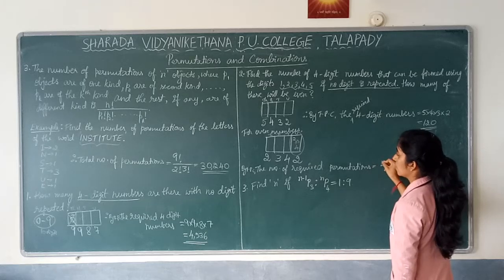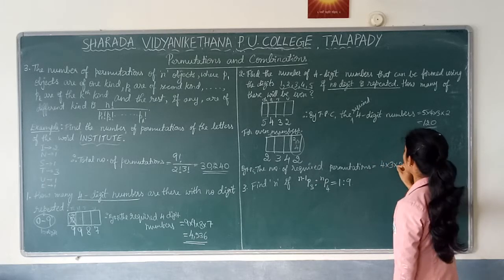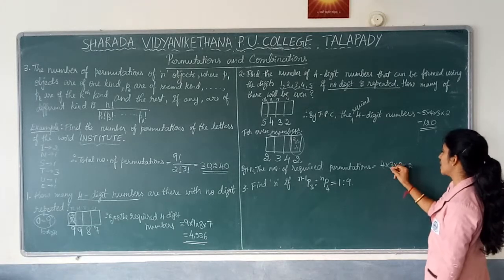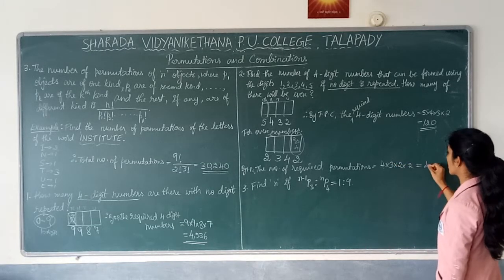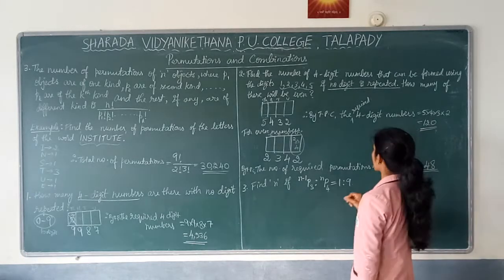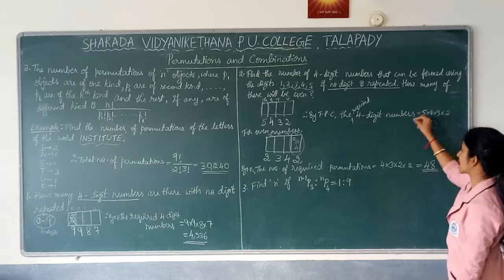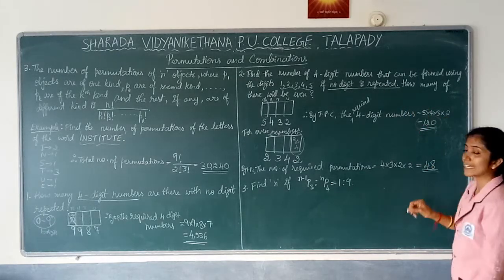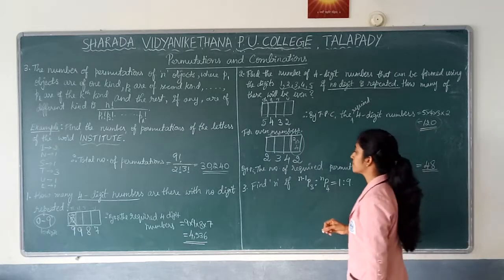It is 4 into 3 into 2 into 2, or you can write 2 into 3 into 4 into 2. So it is 4 into 3 is 12, 12 into 2 is 24, 24 into 2 will get 48. So it is 48 ways. Or we can say, out of the total numbers where repetition is not allowed, 48 numbers are even.